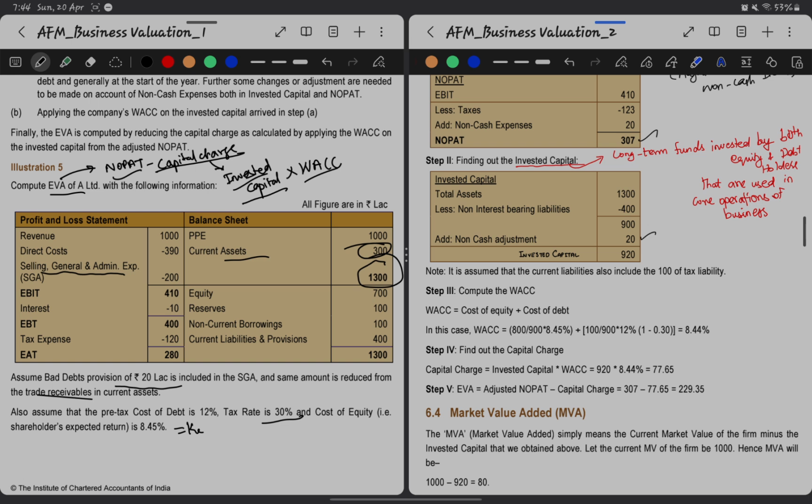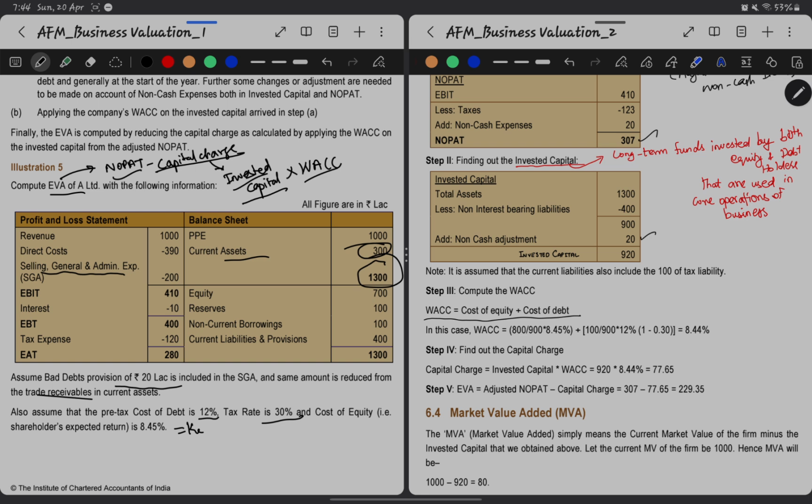Now we need to find out the weighted average cost of capital. The formula will be cost of equity plus cost of debt. We know the cost of debt is 12 percent, and we know the cost of equity is 8.45, but the tax portion has to be reduced from the cost of debt.